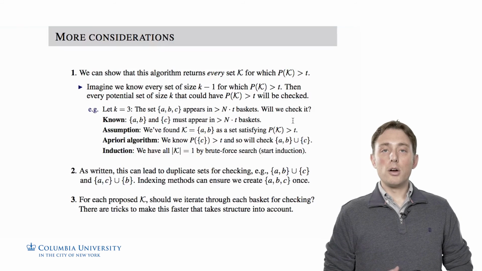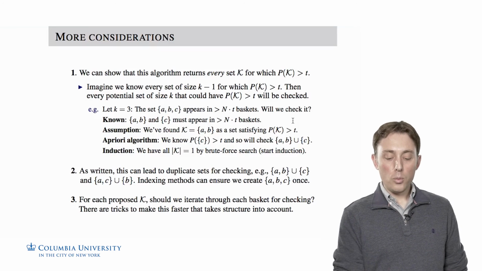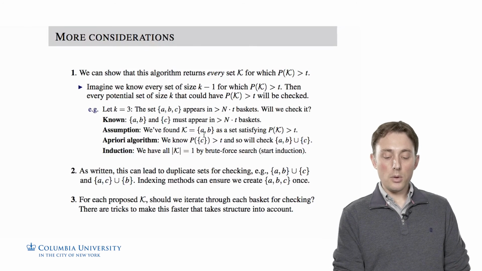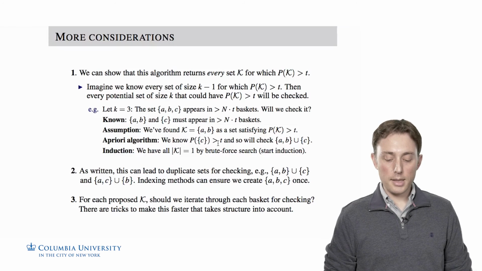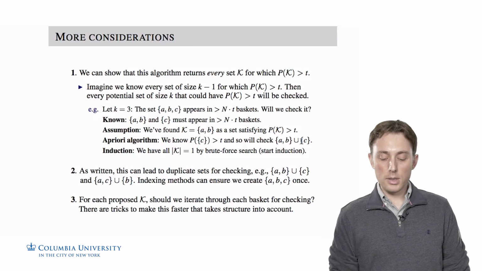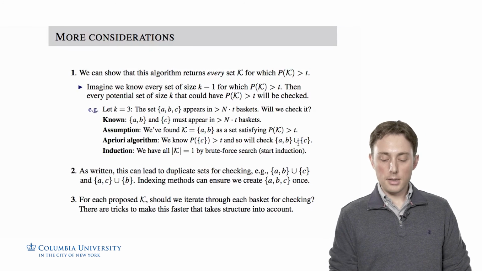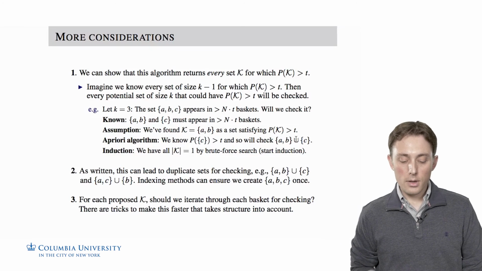From the a priori algorithm, because the first step checked all subsets of size 1, we also found the set C, and we know that this set also occurs in more than t fraction of the baskets. So we're going to check the union of A and B with C. So we know that we will check A, B, and C at the third step in this algorithm.